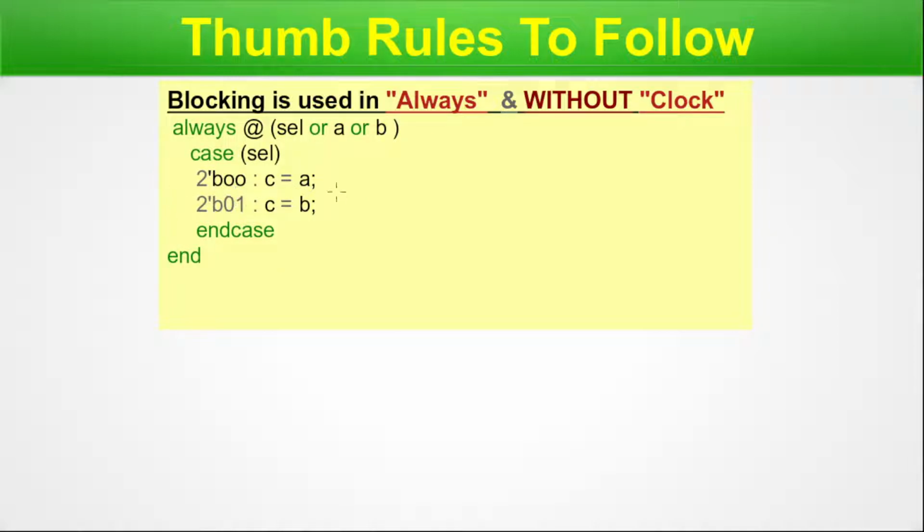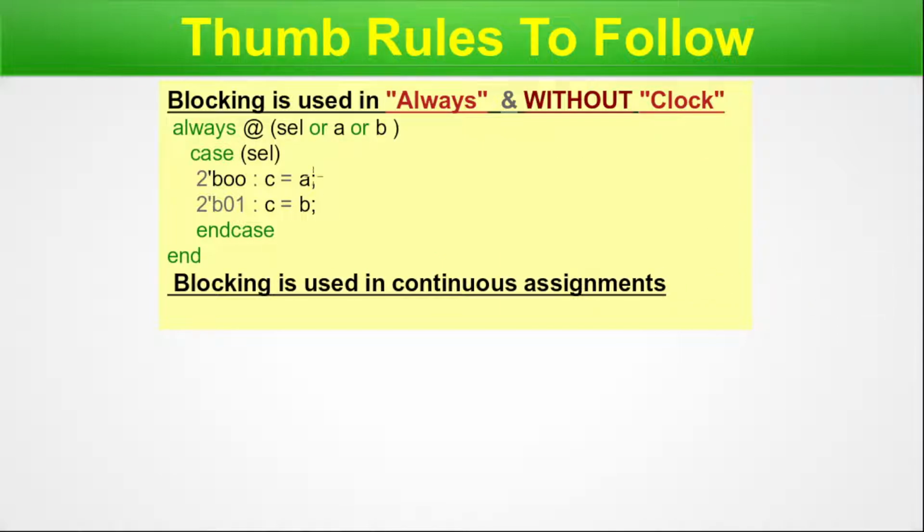In such a muxed condition, we use blocking inside the always block. Remember, we do not have a clock here, but we have a muxed input from where the selection goes to the output for multiple input conditions. One comment here: the blocking can be used, however, it is better to choose the non-blocking assignments.